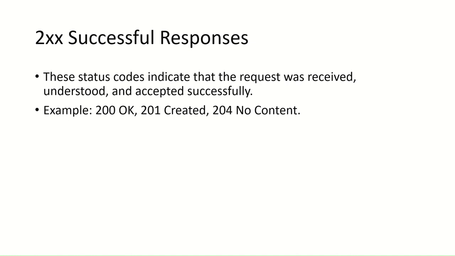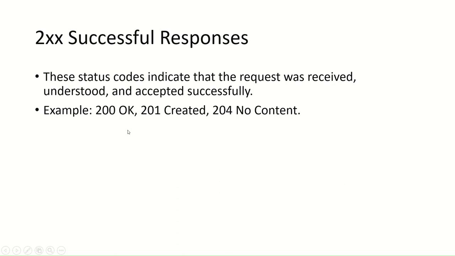Now let me give you the example of 204, which is no content. Let's say you have developed one delete API, and you are using it only to delete the record from the DB, and you are not returning anything to the client as a response. Then in that case you should use the 204 HTTP status code for that API. So these are the various examples of 2xx HTTP status codes, like 200, 201, 204.